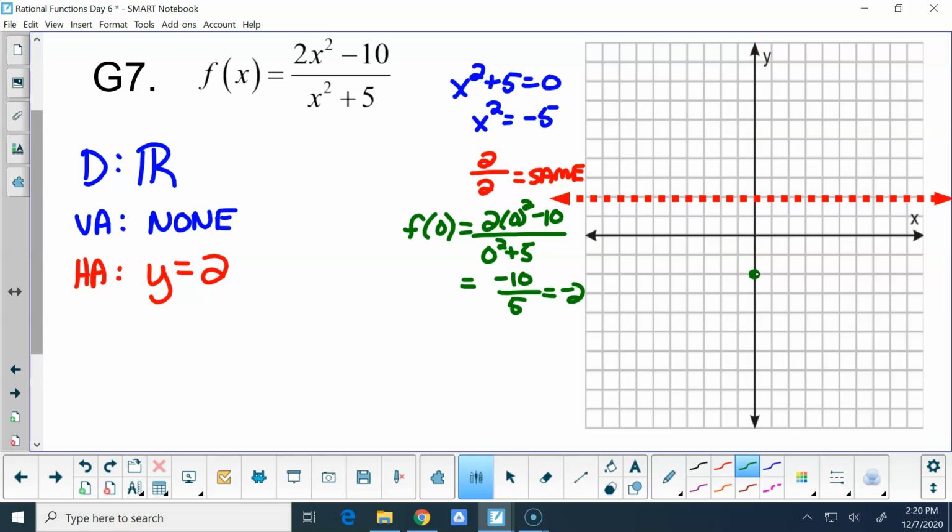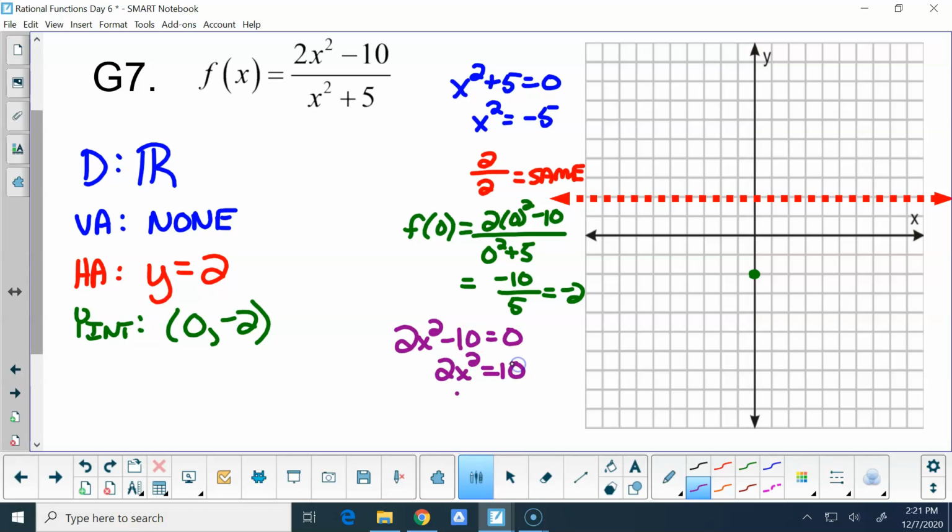So my y-intercept is (0, negative 2). X-intercept: 2x squared minus 10 equals 0. 2x squared would equal 10. So x squared would equal 5.